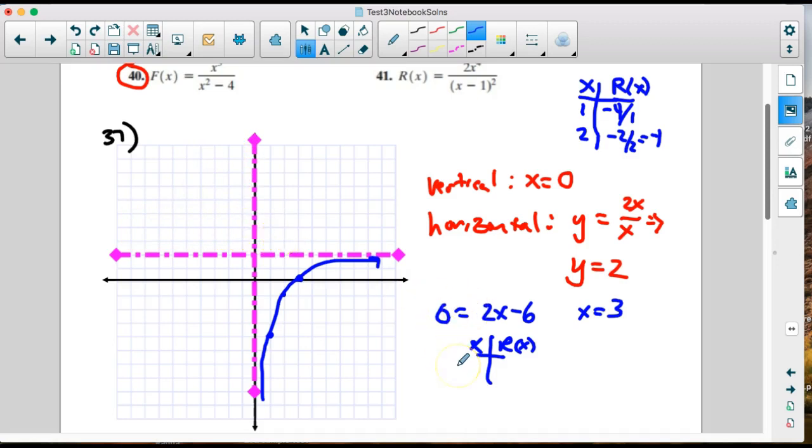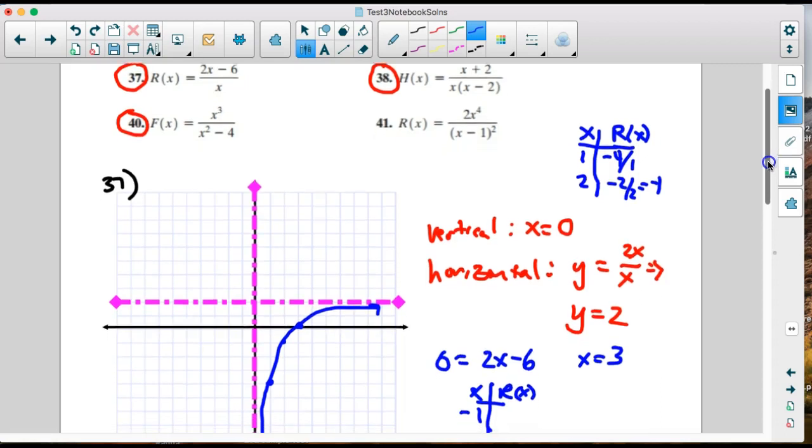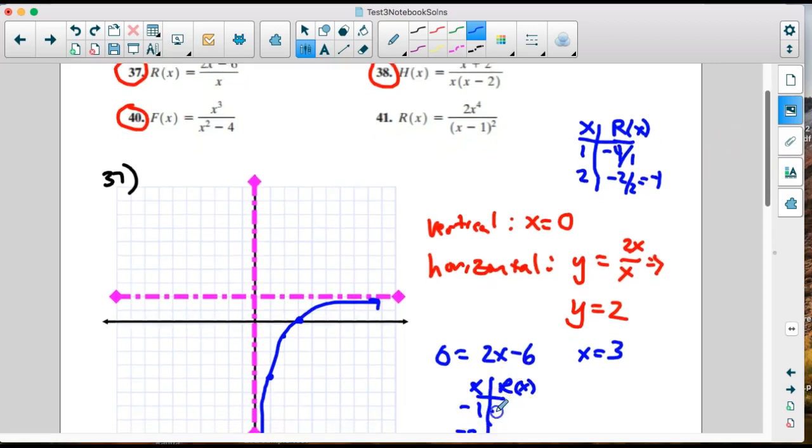So we're going to try -1, -2, and -3 and see what happens on the left hand side of this asymptote. If I put -1 into the function, I'm going to get -8 over -1, which is going to give me 8.